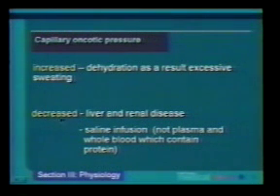Now, if we look at situations in which capillary oncotic pressure decreases, this will occur in certain liver and renal diseases. For example, if the liver is not able to manufacture proteins, then the plasma protein concentration decreases.